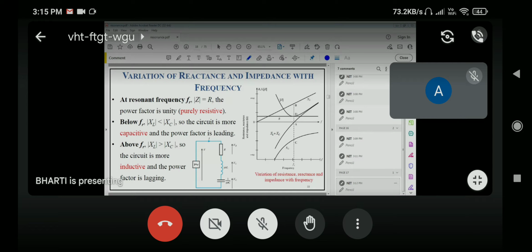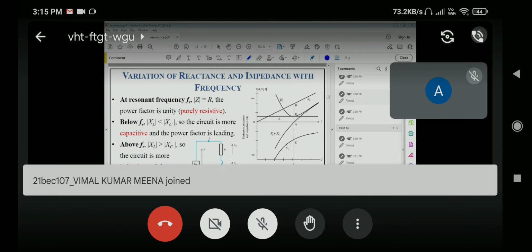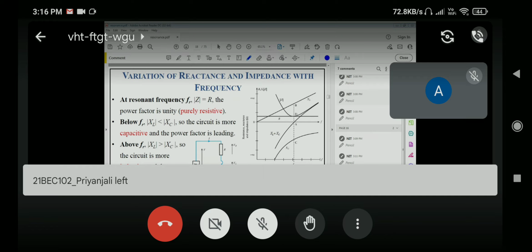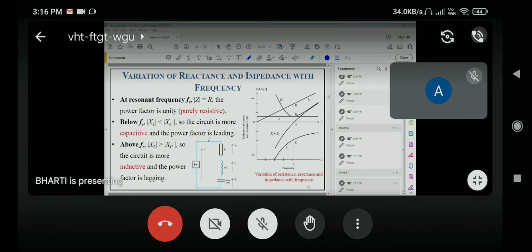In case of XL, it was directly proportional, increasing with the increase in frequency. And in case of XC, it was just opposite to that of XL, which was 1 by 2 pi F C. Now, if you look at this graph, we have shown many parameters here.